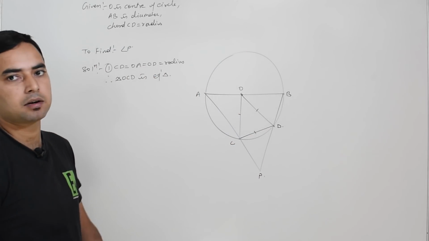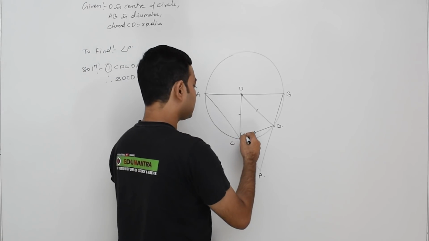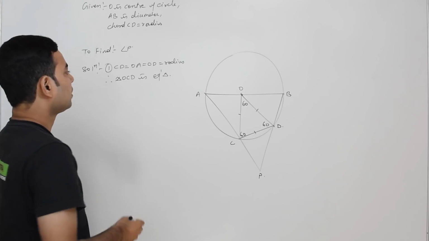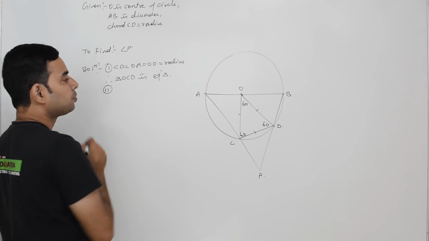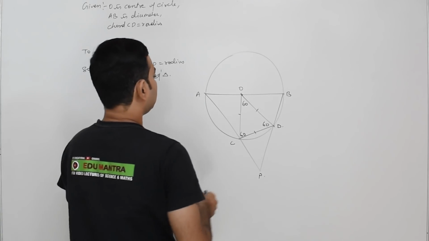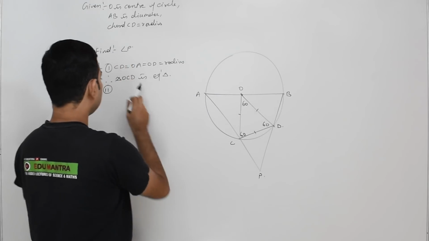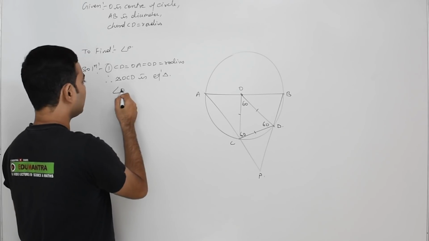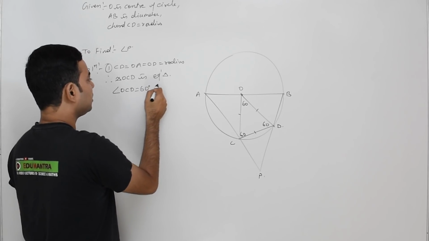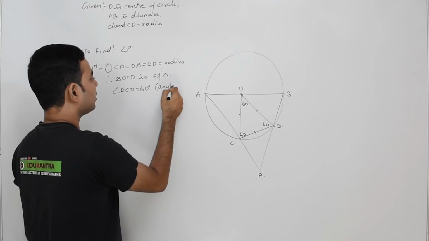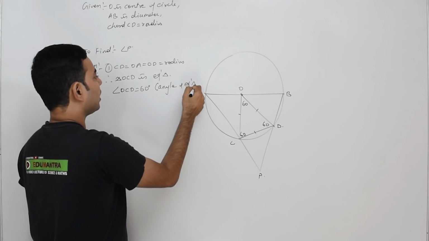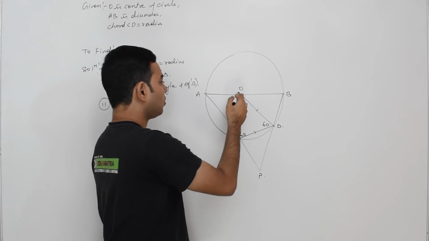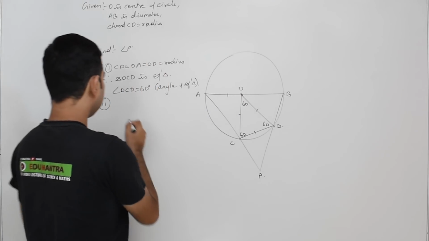As it is equilateral, all the angles are 60 degrees. So angle OCD is equal to 60 degrees, angle of equilateral triangle.